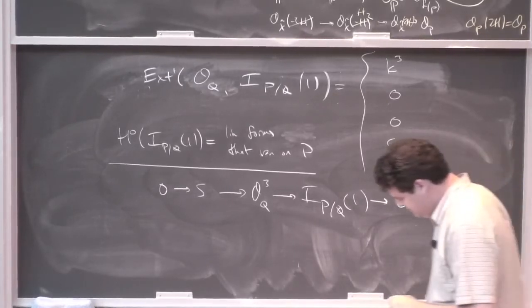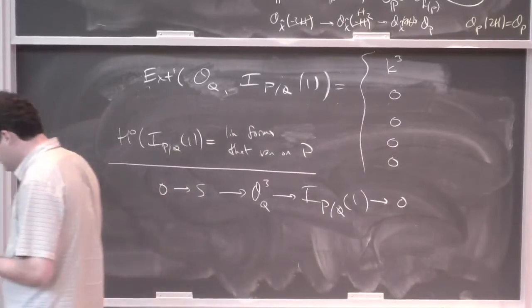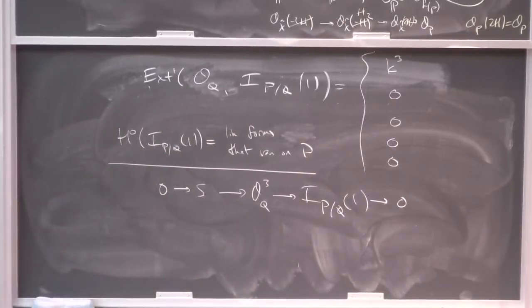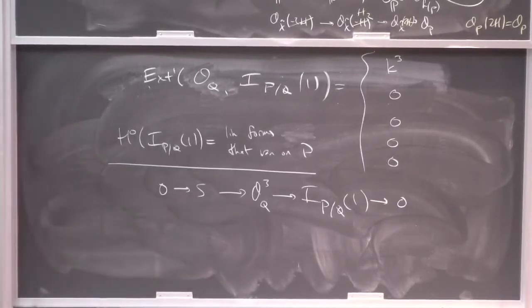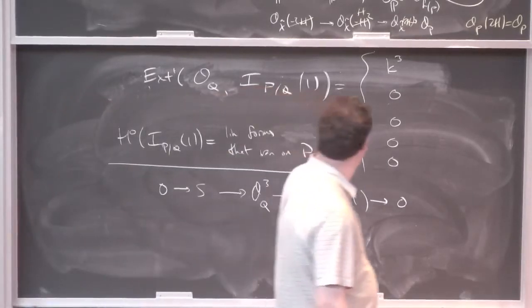Is there any better reason? No, that's the best reason. The ideal of P is generated by these. That's what it means to be surjective as a map of modules and thus of sheaves. Great. So we have this S that fits here.